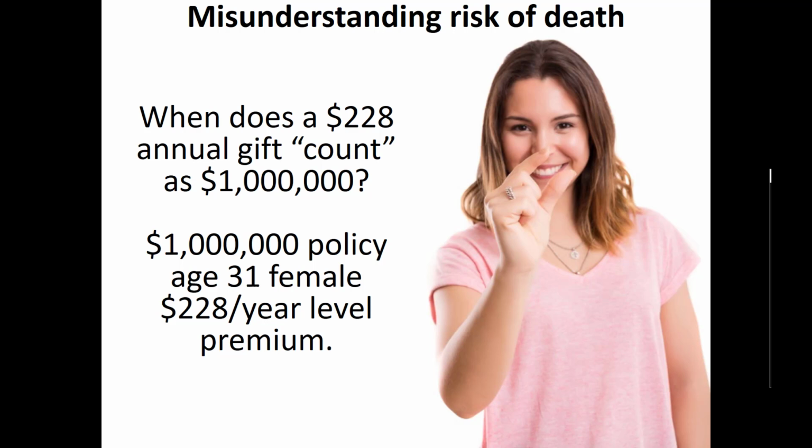But it is certainly far less impressive if we say, hey, we've got a donor who's committed to give us $228 a year for the rest of her life. Like, oh, okay, that's nice. As opposed to saying, we have a new planned gift of $1 million. But if the person is 31 years old, that's the same thing.